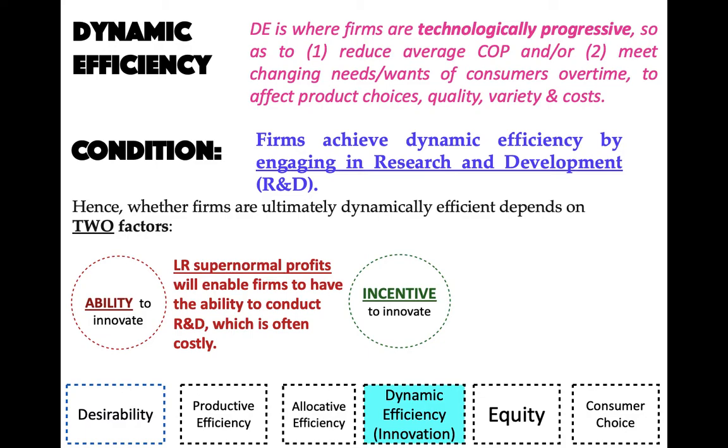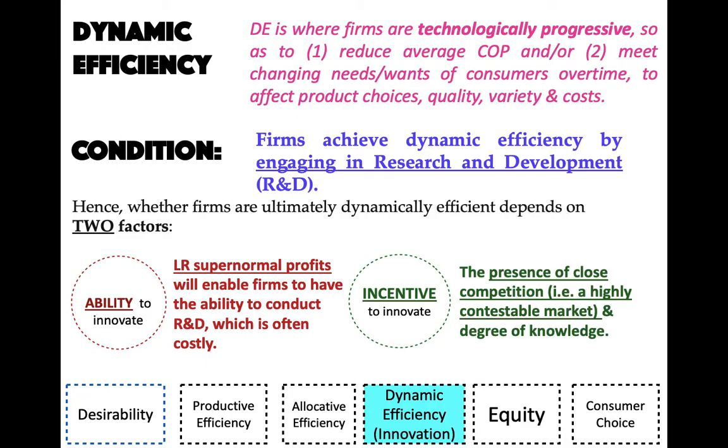On the other hand, for incentive to innovate, we are looking at the motivation of firms to engage in R&D, which depends on two factors also. The first is the presence of close competition, so whether the market is contestable, right? If the competition is intense or the level of competition is high, then the firms have the incentive to product differentiate and innovate, to improve the technological aspect so that they differentiate themselves in order to win the competition game.